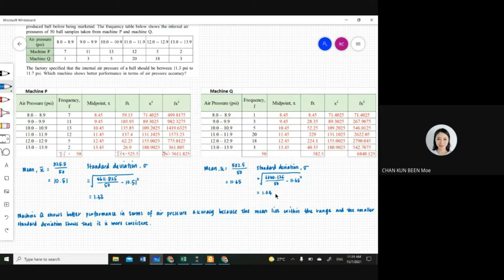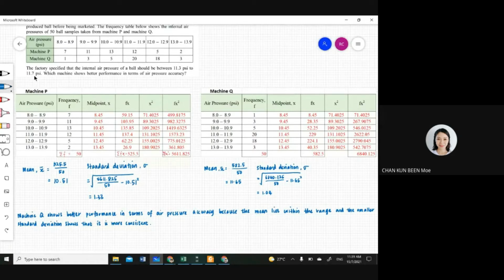Firstly, we have to compare the mean. The mean for machine Q is 11.65, whereas for machine P it is 10.51. The factory specified that the internal air pressure of a ball should be between 11.3 psi and 11.7 psi.